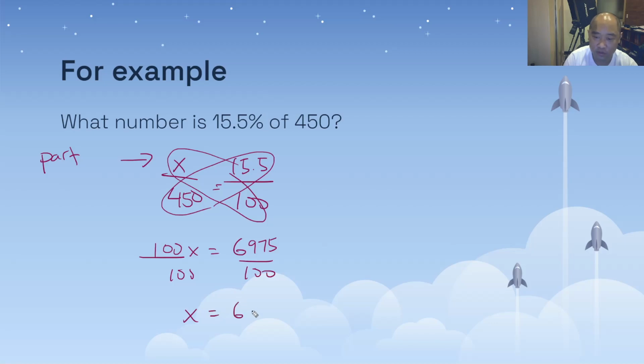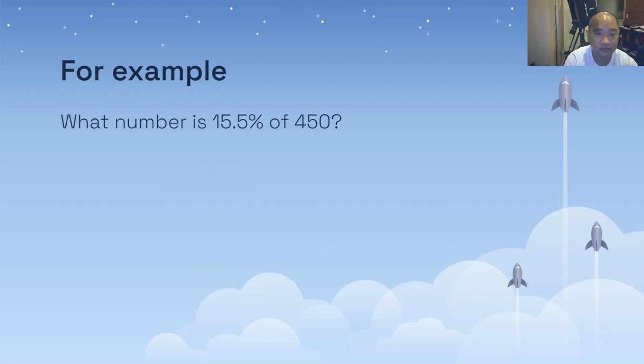So x equals 69.75. So what number is 15.5% of 450? Well, 69.75. So basically the same thing, but we're just solving for a different part of the percent proportion.